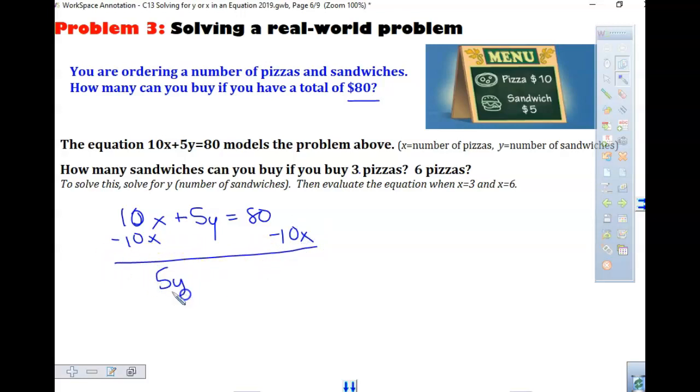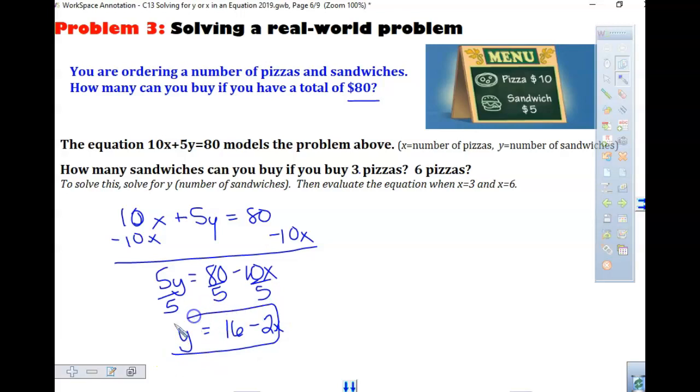So I get 5y is equal to 80 minus 10x. But 5 was for the cost of the sandwiches, so I need to divide everything by 5. And y comes out to be equal to 80 divided by 5 is 16, minus 10 divided by 5 is 2x. So here is my equation that I'm going to be using, y equals 16 minus 2x.